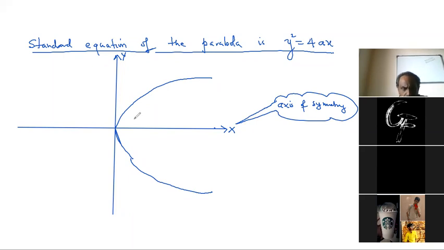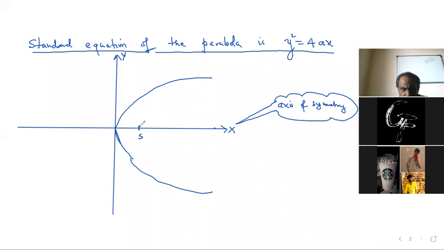Then mark the focus. How much distance you have here, exactly there you mark as Z and draw a line. And this is called the directrix.